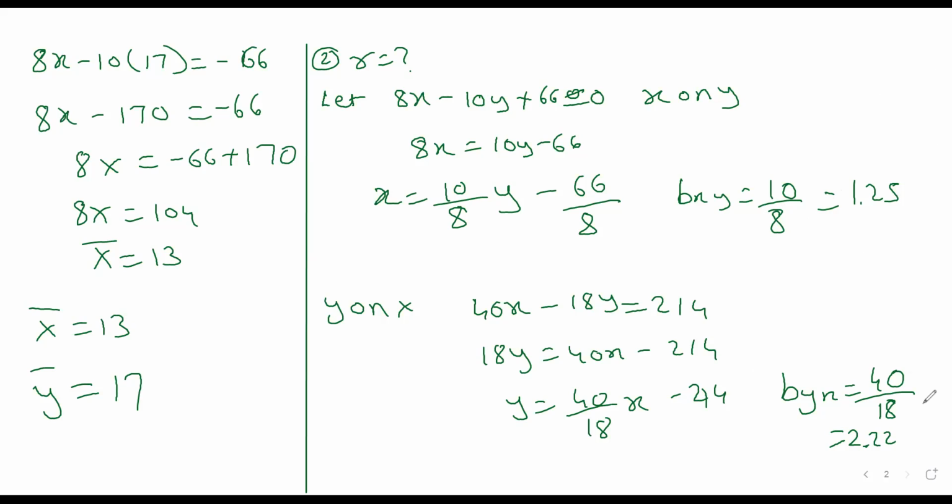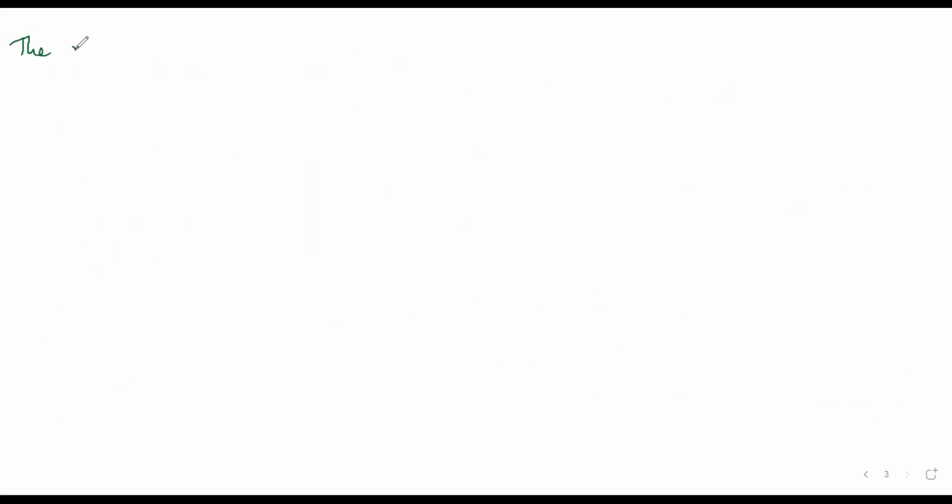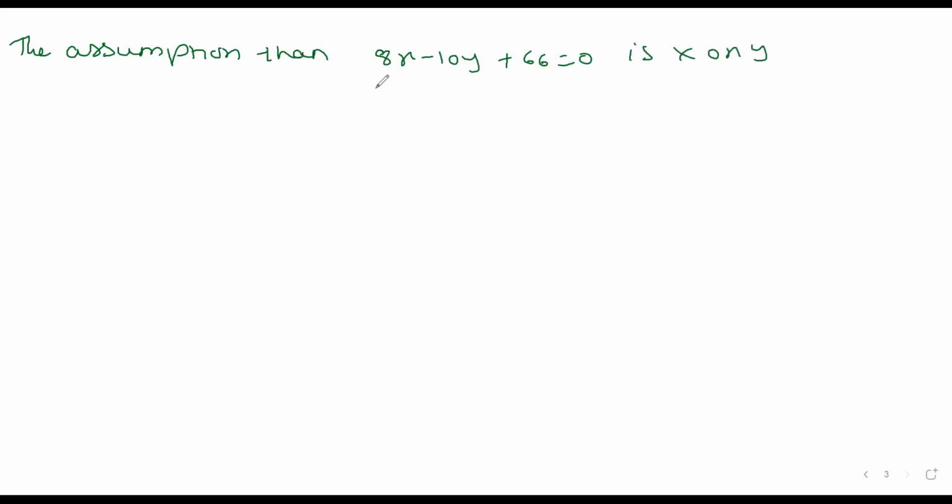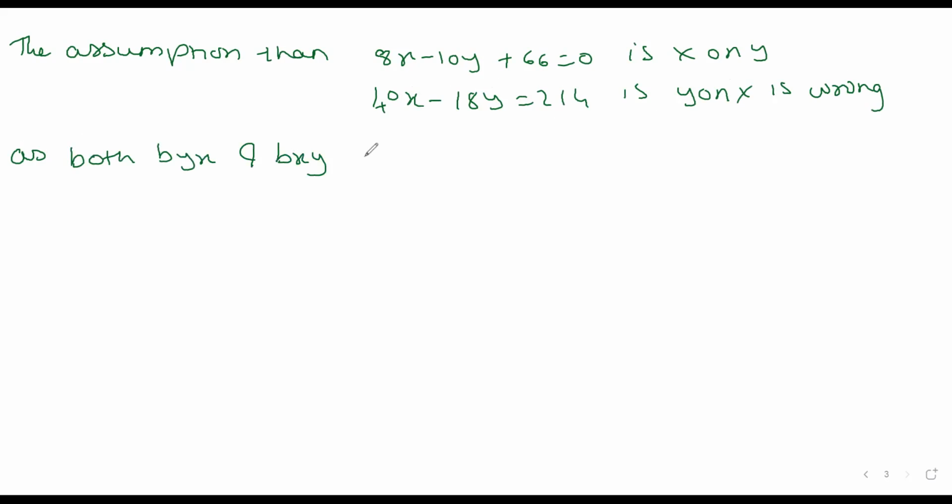So here you will say the assumption that 8x minus 10y plus 66 is equal to 0 is x on y and 40x minus 18y is equal to 214 is y on x is wrong as both byx and bxy are greater than 1.